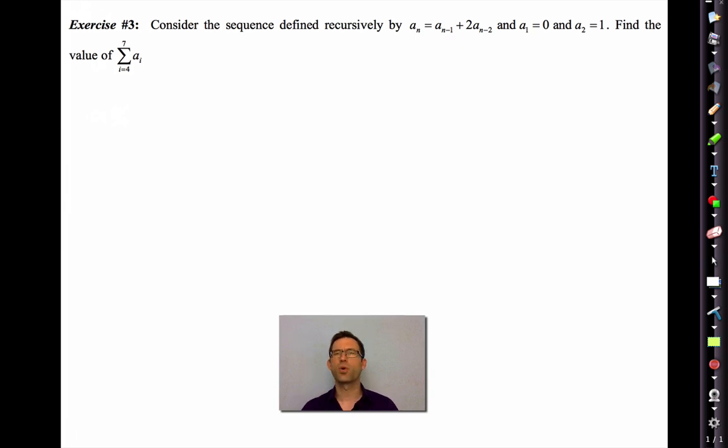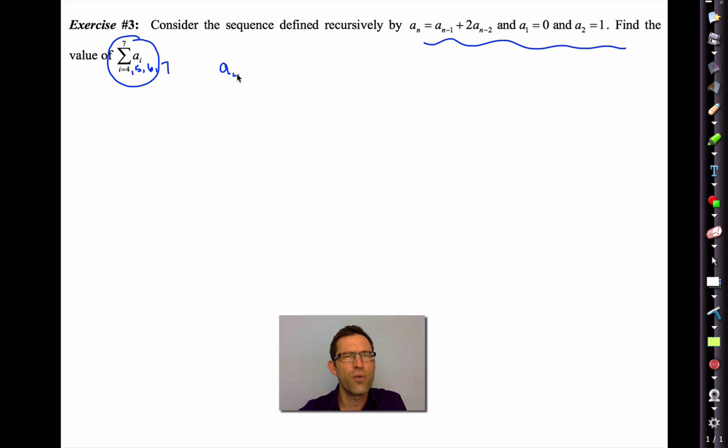All right, let's work on this. Well, I tend to like to work on math problems sort of backwards. And what I mean by that is I want to look at this and really understand what they're saying. I'm going from 4 to 7. 4, 5, 6, 7. So let's just forget about all this for right now. If I was just evaluating this, I'd put the 4 in and I'd get A4.